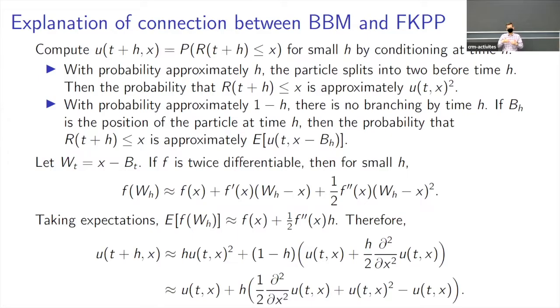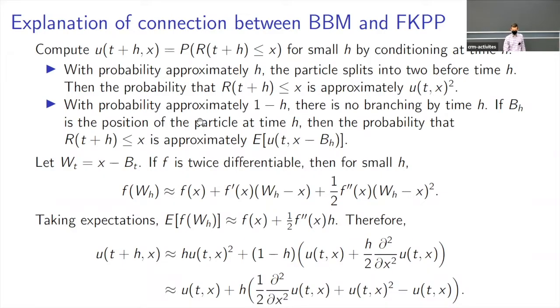We know that the probability that the descendants of one particle are all below x at time t is roughly u of t comma x. And so by the independence resulting from the branching property, the probability that this happens to both particles is approximately u of t comma x squared.